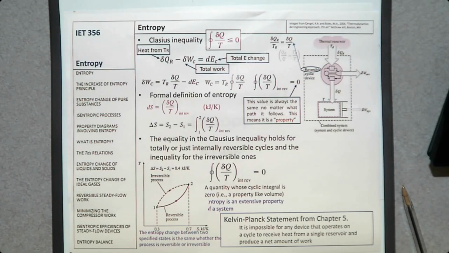So if you can calculate how much entropy is generated during this process, you can say how poor the design is. How many irreversibilities have been provided by the process.